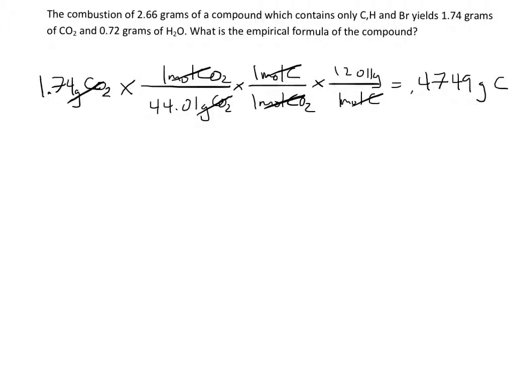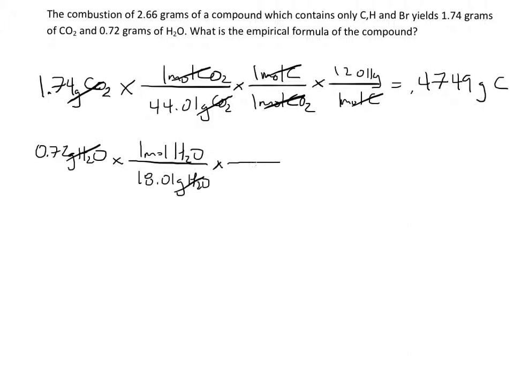Now we've got to do a similar process to figure out how much hydrogen was in that initial sample. We're going to use our 0.72 grams of water. First step is grams to moles. The second step is, again, to figure out how many hydrogens came from the sample. So 1 mole of H2O has 2 hydrogens and 1 oxygen.